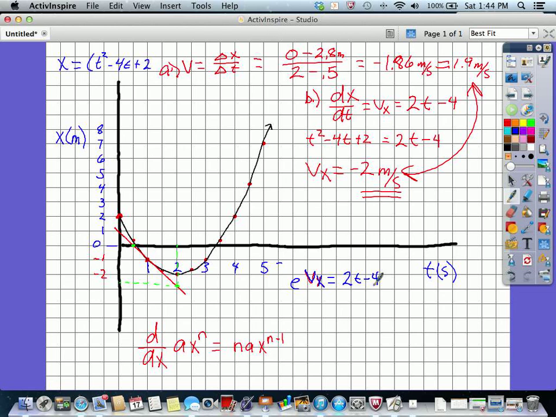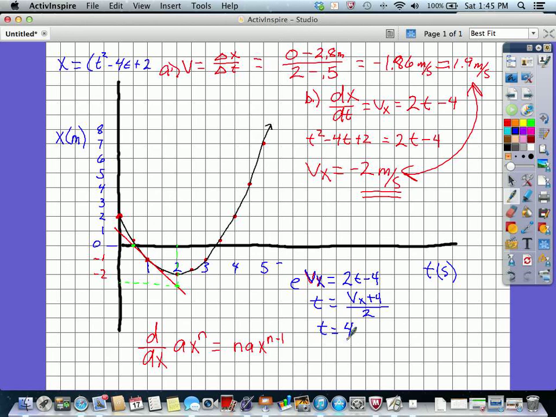When we solve this for t, we get t equals v sub x plus 4, all divided by 2. Evaluating this at v equals 4, we have 4 plus 4, 8, divided by 2. Time is equal to 4 seconds.